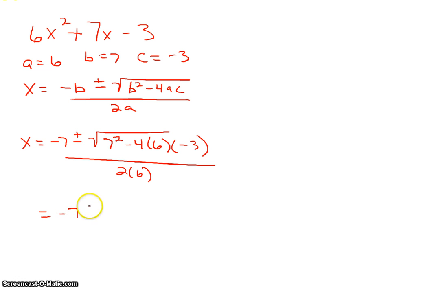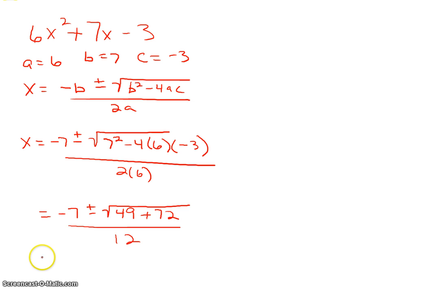So I'm not that big of a genius. So this ends up being plus or minus the square root of 49 plus 72 over 12, and 49 plus 72 is equal to 121. So this ends up being negative 7 plus or minus 11 over 12.